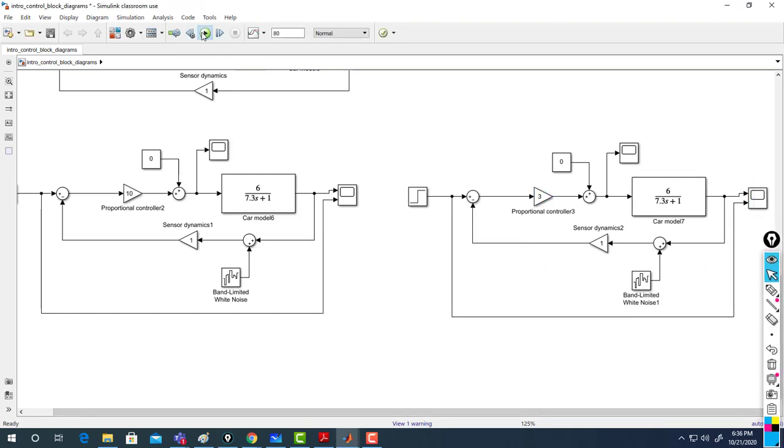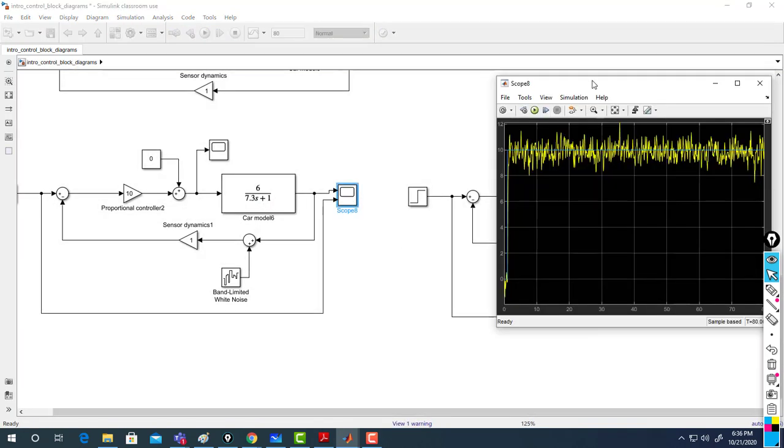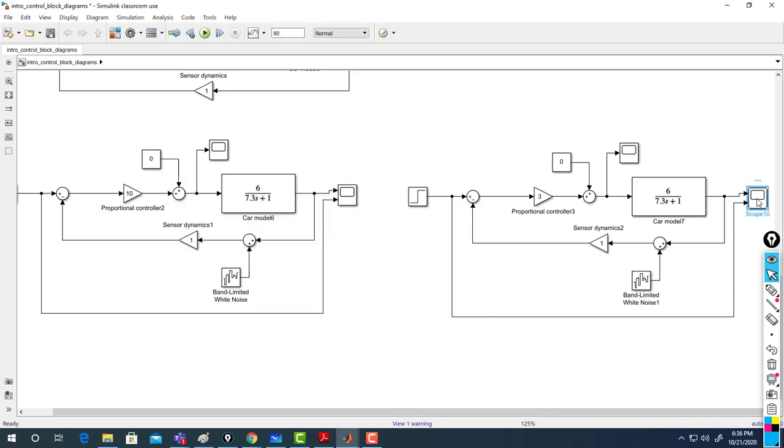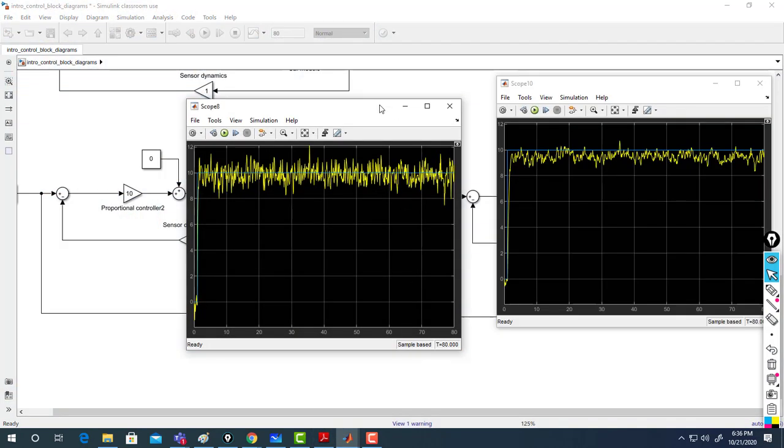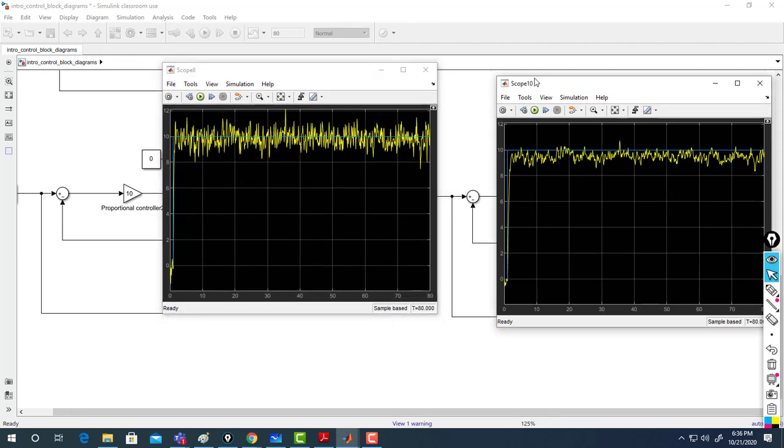So let's do the simulation. This is at 10 and this is at 3, and compare both curves. Good. Where is the other one? Here. So you can see them.